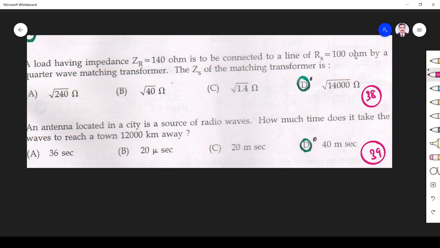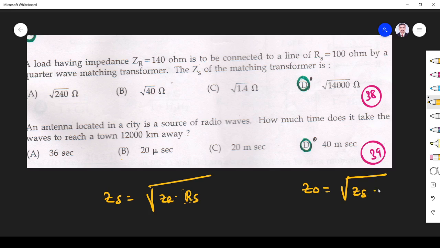Next, a load having ZR equal to 140 ohm is to be connected to a line of 100 ohm by a quarter wave matching transformer, and the ZS means source impedance, right? So ZS of the transformer, that is what the question asks. So what is that? The general formula is characteristic impedance is equal to the square root of source impedance into load impedance.